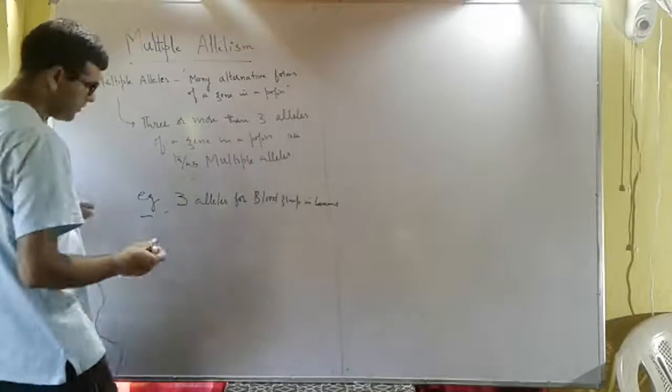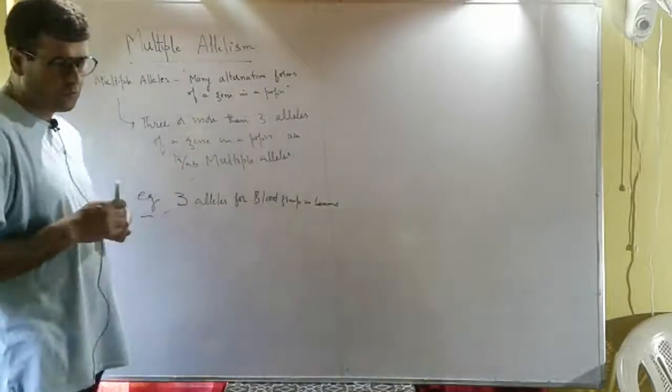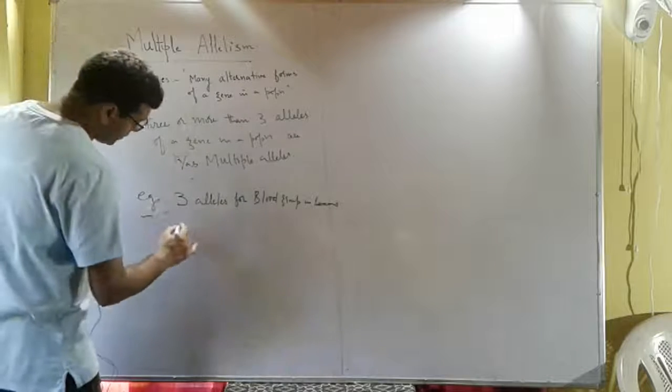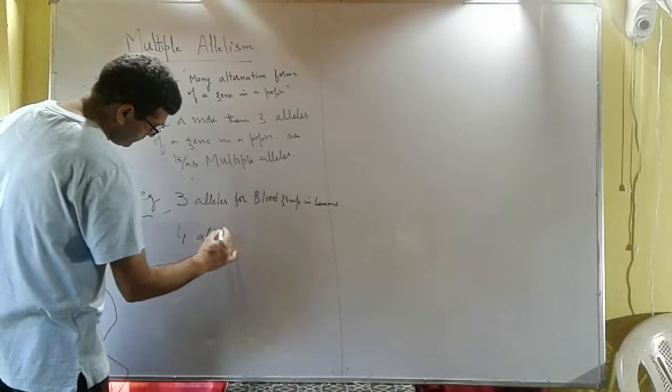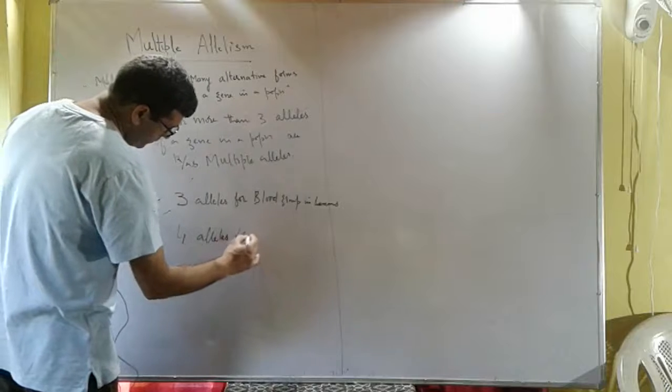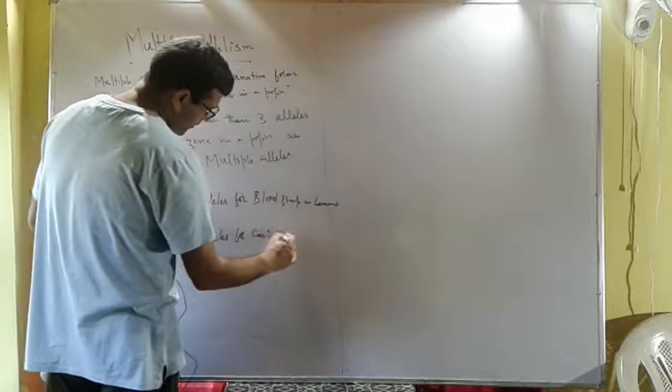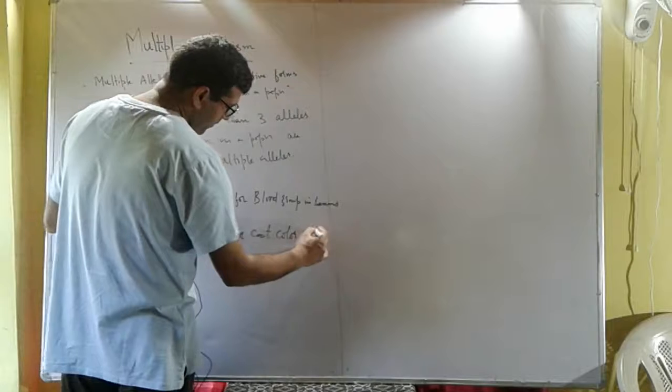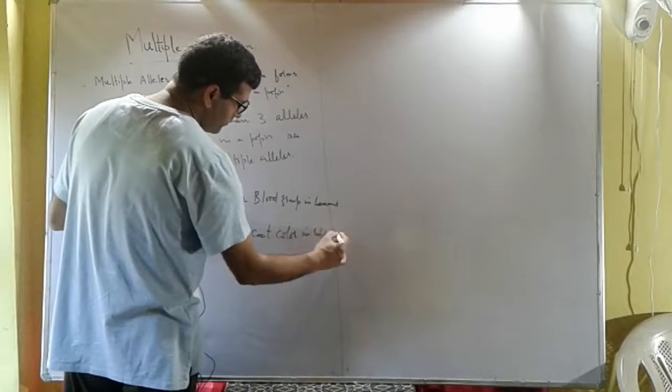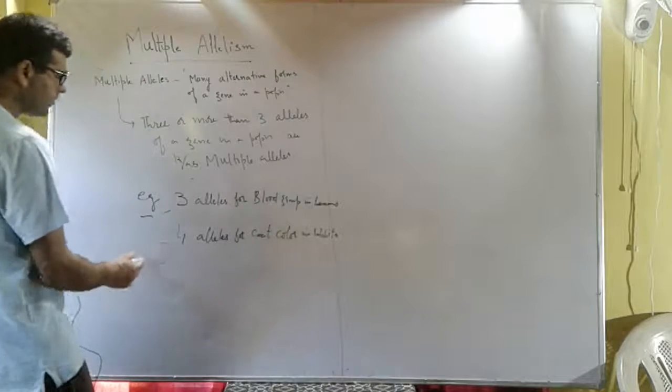Same is the case with coat color in rabbits, where there are four alleles. This is also an example of multiple allelism.